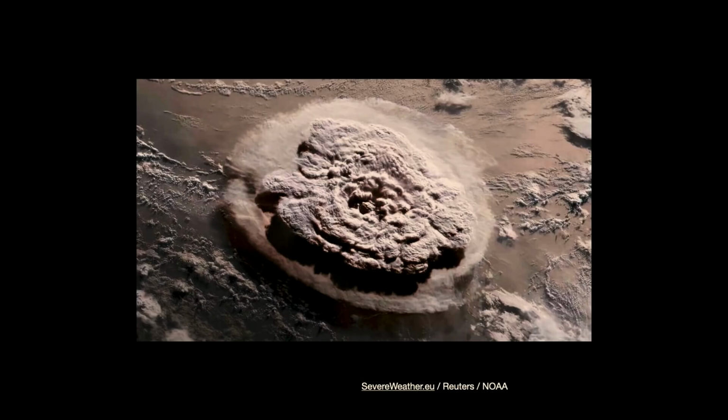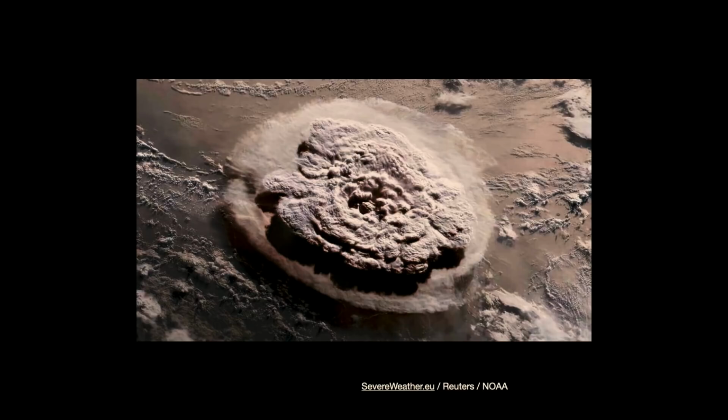I'm talking about, of course, the explosive eruption of the Hunga Tonga Hunga Hapai volcano in the South Pacific that took place. It's estimated that the energy involved in this initially underwater volcano was something like well over 500 times the energy of the bomb that was dropped over Hiroshima towards the end of the Second World War.